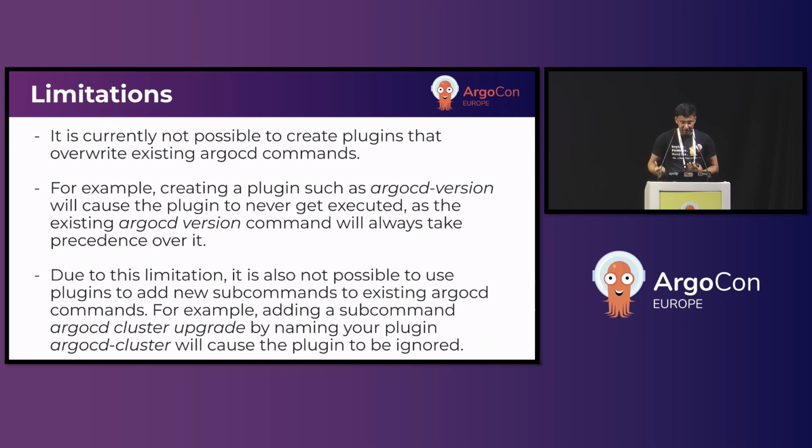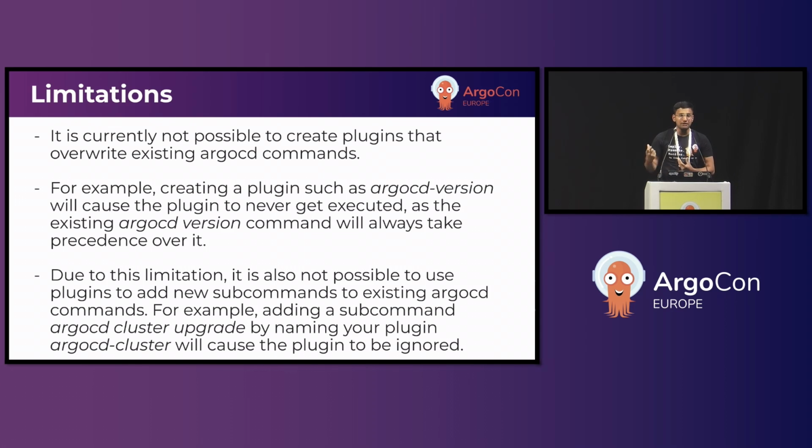Due to this limitation, it is also not possible to use plugins to add new subcommands to existing Argo CD commands. What I mean to say is that you're already aware that you have the Argo CD cluster list command, but if you would want a command such as Argo CD cluster upgrade, then the binary that you're going to create is Argo CD hyphen cluster, and then maybe you are adding a subcommand called upgrade. That would get executed as Argo CD cluster upgrade, but it's not going to get executed.